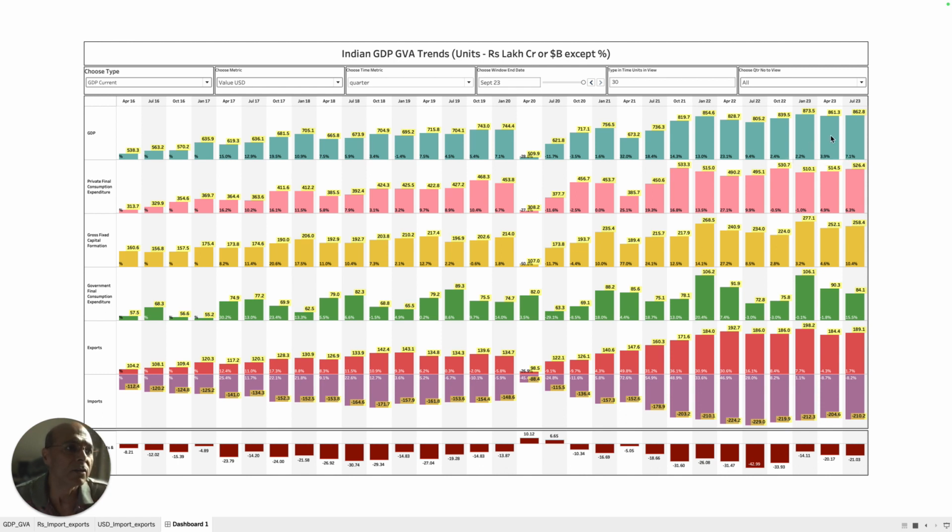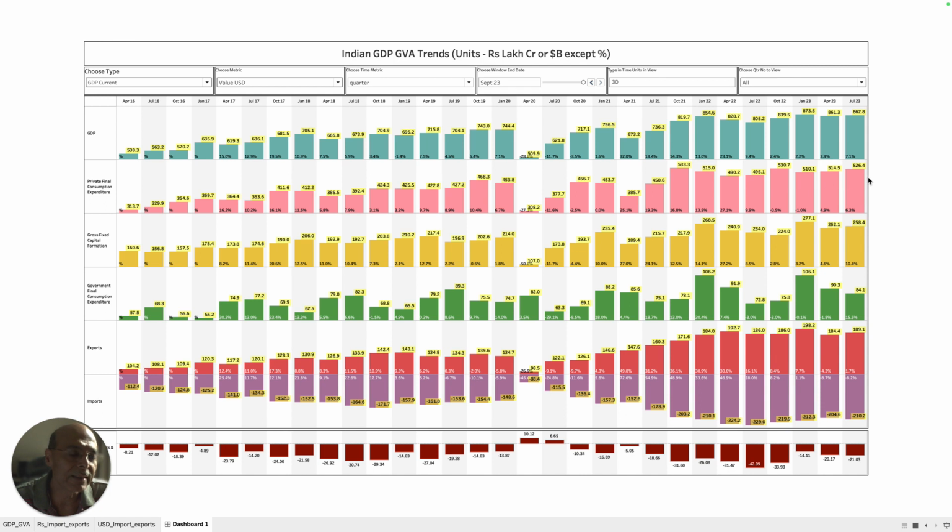The number for the third quarter of FY23 was 2.4%. Then the fourth quarter of FY23 number was 2.2%. The first quarter was 3.9%, but this quarter the number is better. Why is it better? Again, the lower base. You see, July 22, the base was lower, so it gives an impression that the number is higher, right?